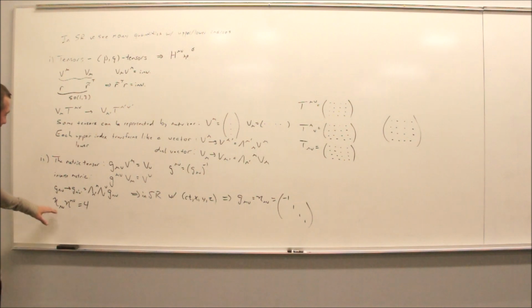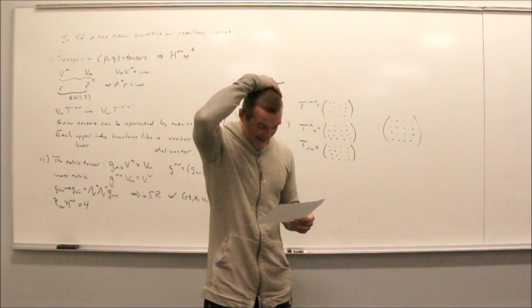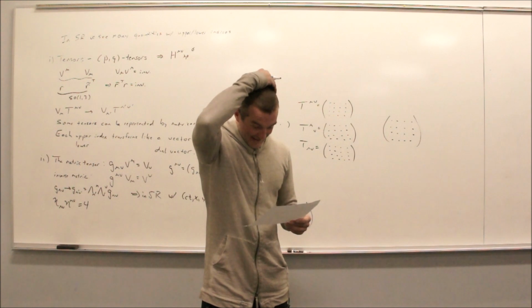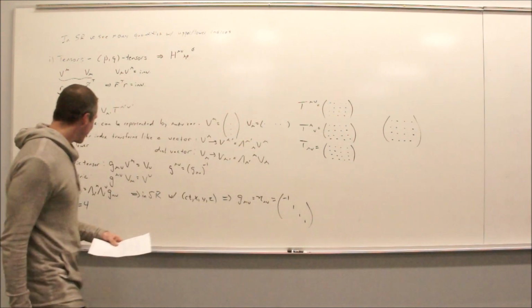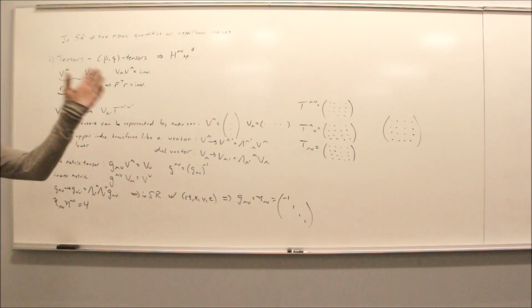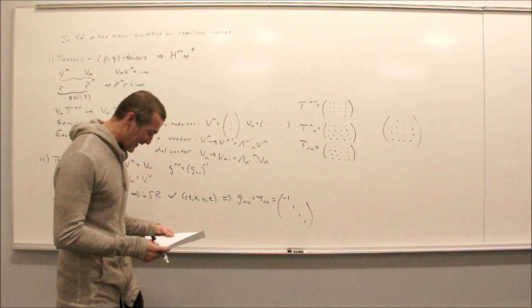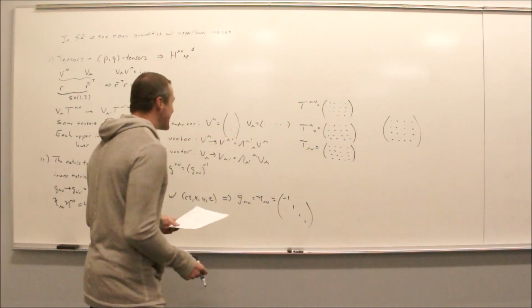Nope. I just wrote this, and I'm like, yeah, that's the trace, and I said determinant. Damn the brain cancer. Okay, anyway. Yeah, the trace of the metric is 4. Yes, the determinant is -1. Congratulations, you're all right. And I am the one who is sadly wrong. Okay, anyway, I'm just going to press on.